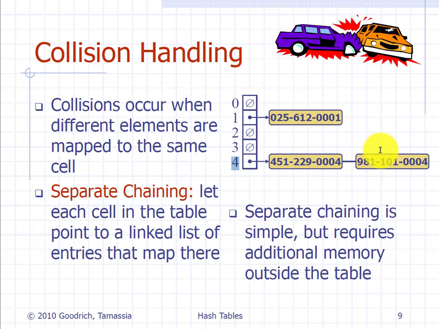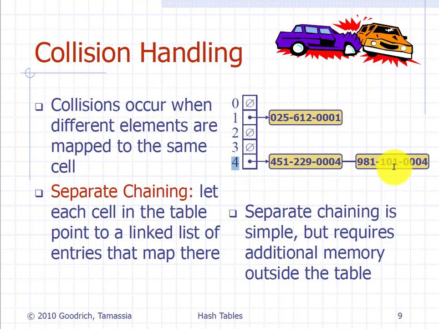I invite you to think about the complexity for insertion, and the complexity for finding an item if you're given the hash value. It's a very simple concept, separate chaining, but this additional space does provide a problem, because we have to make sure we've got additional space so we can build these large links.